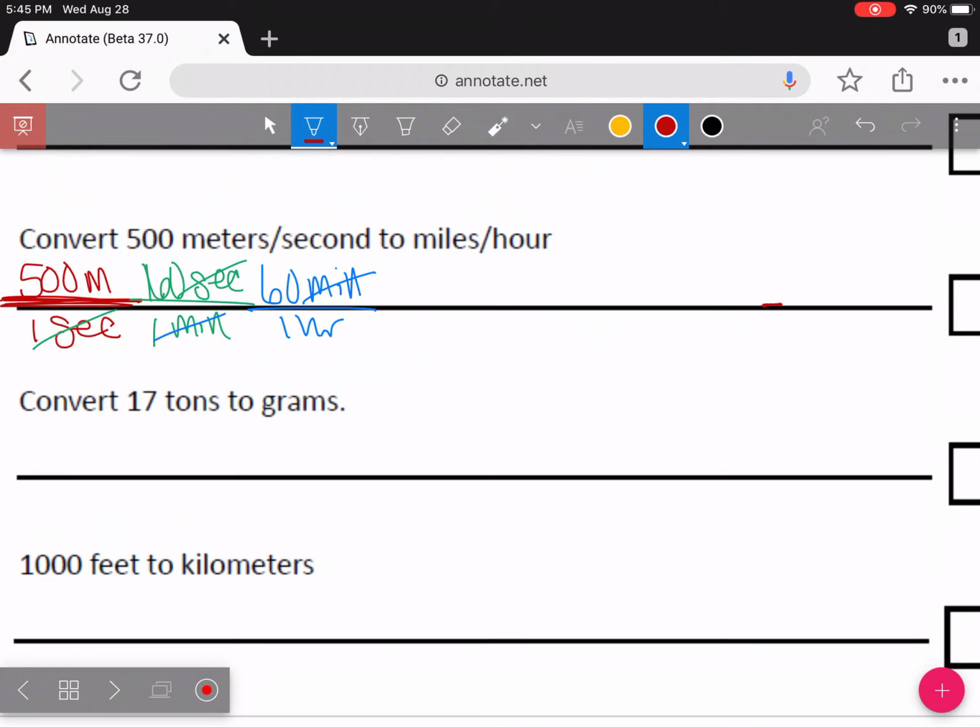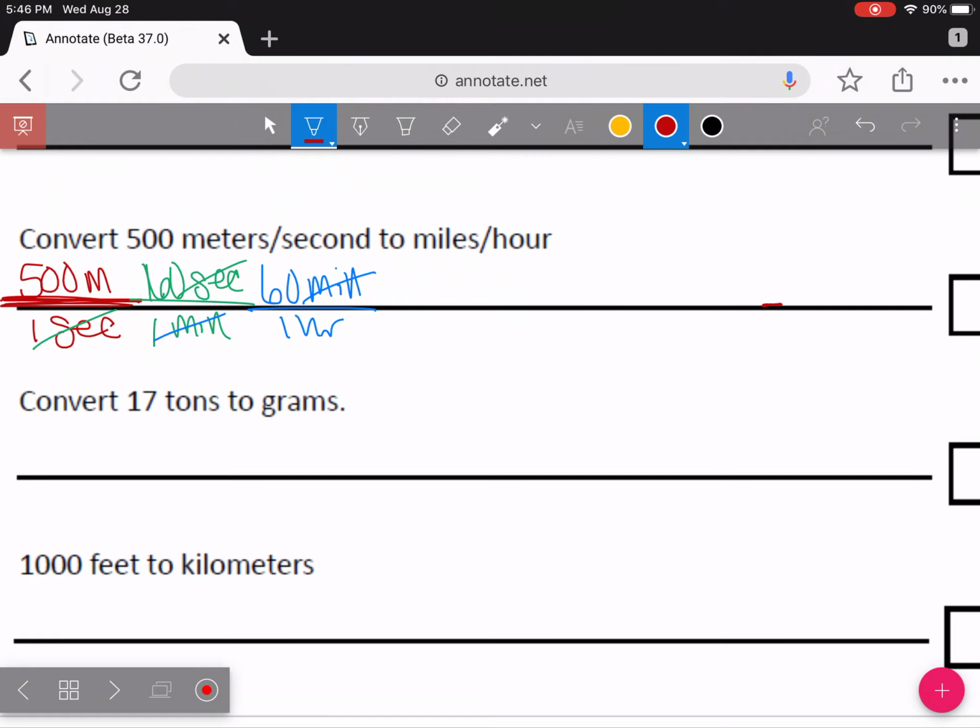So now let's try to get rid of our meters. So we could go to centimeters because we know how to convert centimeters. All right, so how many centimeters are there in a meter? Well, there are 100 centimeters in 1 meter.